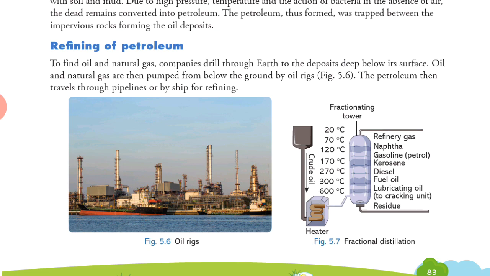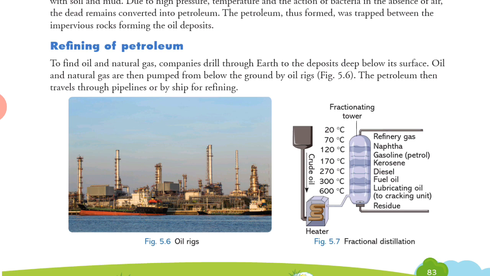The petroleum then travels through pipelines or by ships for refining. You can see in the diagram that oil rigs are shown, as well as fractional distillation. Crude oil gets separated in the refinery. In the fractionating tower, you can see residues settle at the bottom.